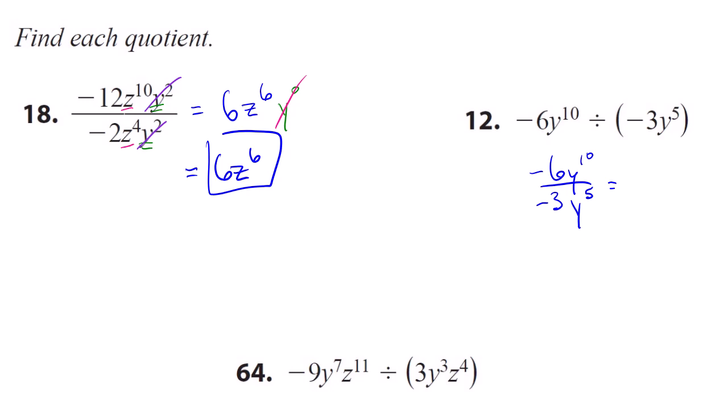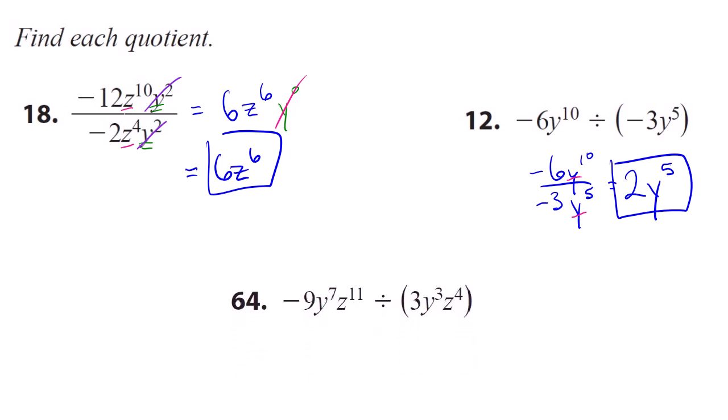So to me, it just kind of visually sets it up to where I can see, oh yeah, the negative 6 divided by negative 3, those go together, and negative 6 divided by negative 3 is positive 2. Then I can see that the y's are lined up there. So y to the 10th divided by y to the 5th, we subtract 10 minus 5 and we get 5. So there's our answer there.